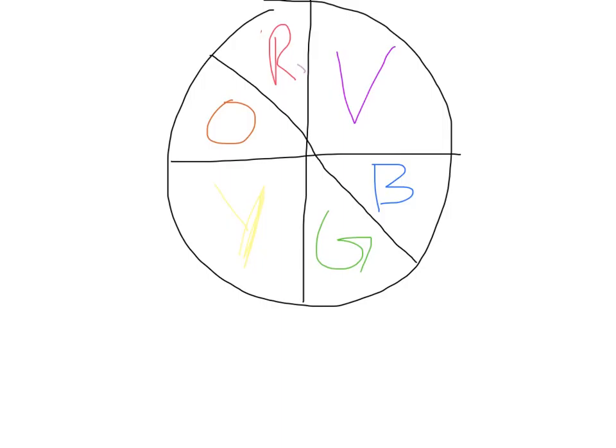So this is the color wheel. It's going to be used a lot in explaining how the colors are absorbed and what color is observed.